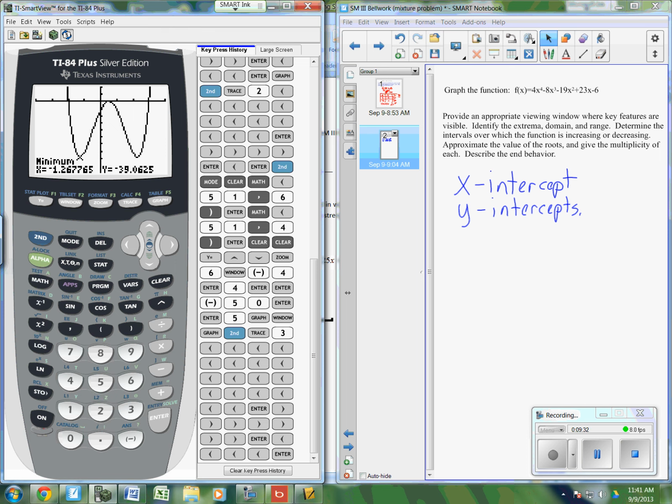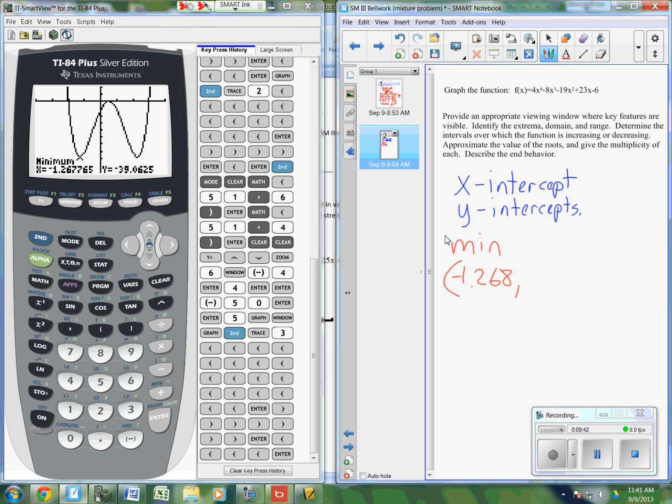Okay, what does it say my minimum is? I have a min at -1.268. Remember, we want to round to 3 decimal places. At -39.063.